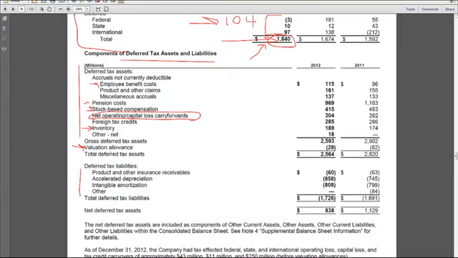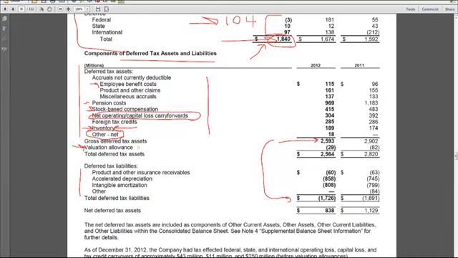There would not be a deferred tax asset. This has to be a difference between like weighted average and FIFO. Other net, this might include all the other things that they do that create a deferred tax asset. So that gives them about $2,593 million in deferred tax assets, which, by the way, is larger than the number down here for deferred tax liabilities. That's pretty common given that there's more items that generate deferred tax assets.